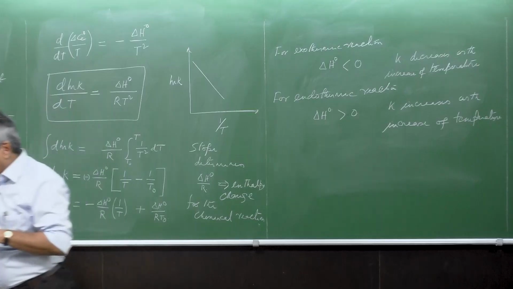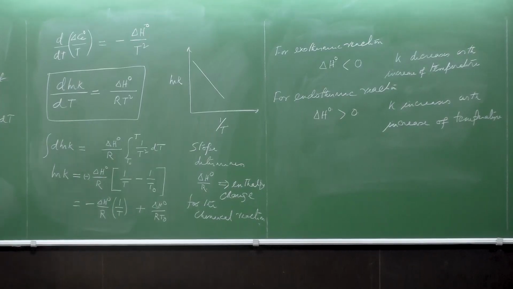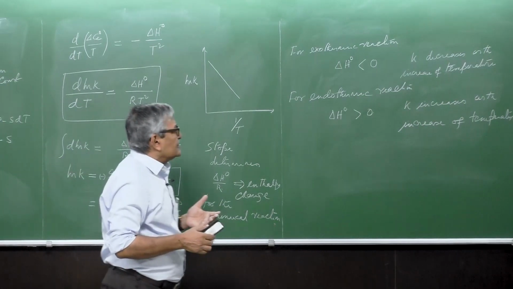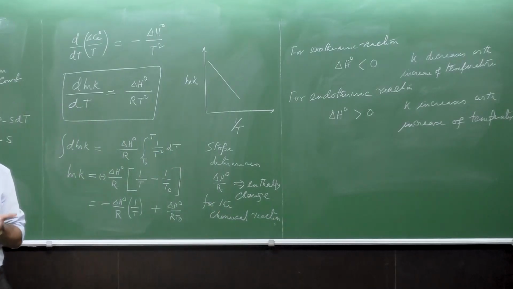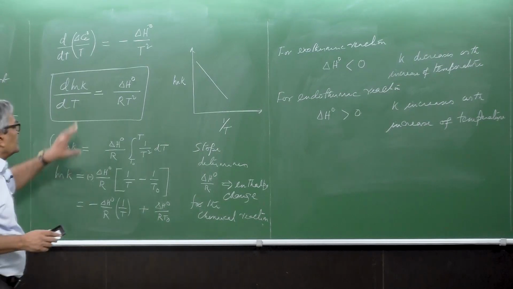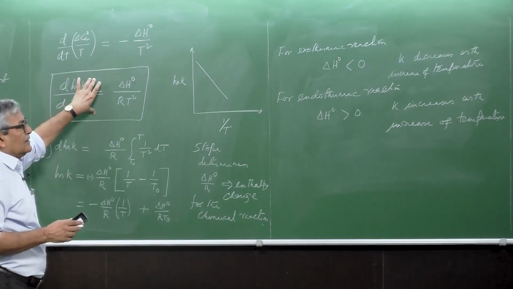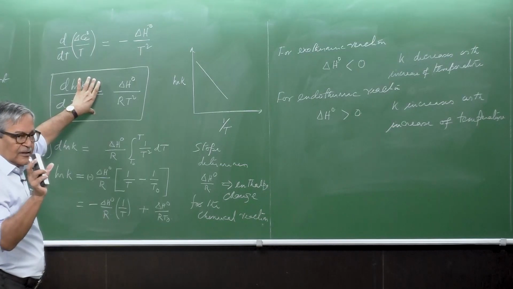But this should be taken purely within the domain of thermodynamics. This has nothing to do with the rate of chemical reaction. It is just how the equilibrium constant or the yield actually changes. That is the main concern for this equation. It is not how much is produced in a given time interval.